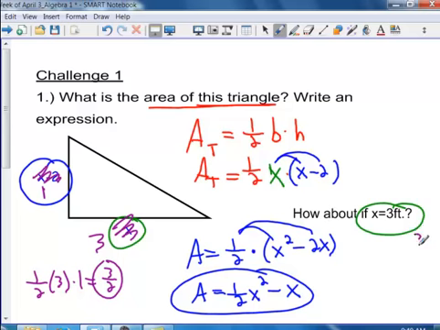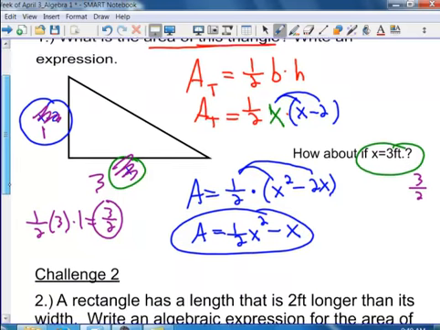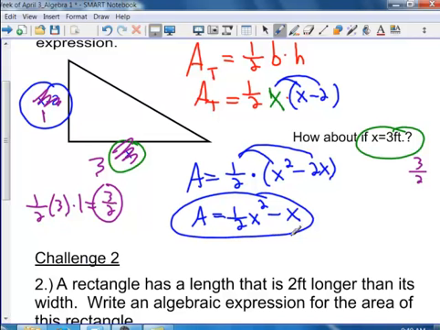So we know it would be 3 over 2 if that was the case. Now how does this match up to what we wrote here? If x is equal to 3, well, the area would equal 1/2 times 3 squared minus 3. So that's going to be 1/2 times 9 minus 3.